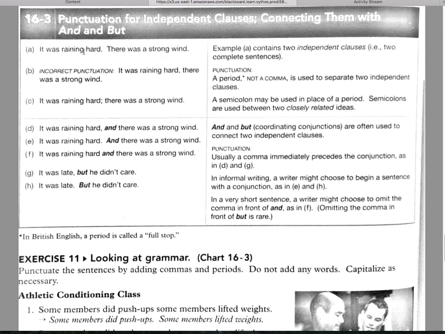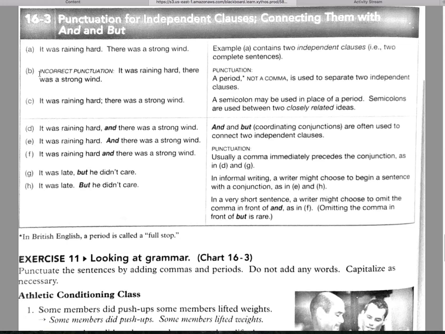So here, it was raining hard is a complete sentence. There was a strong wind is a complete sentence. Therefore, these 2 are independent clauses. Example A contains 2 independent clauses, 2 complete sentences. So here, you're going to use a period, not a comma, because there's no conjunction.